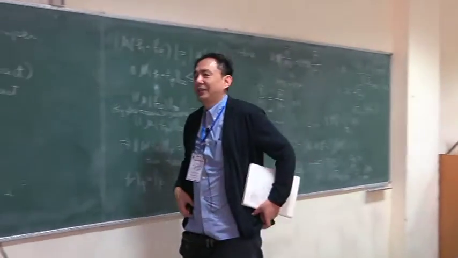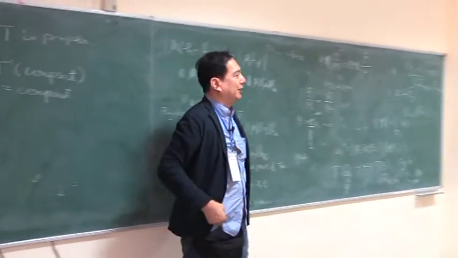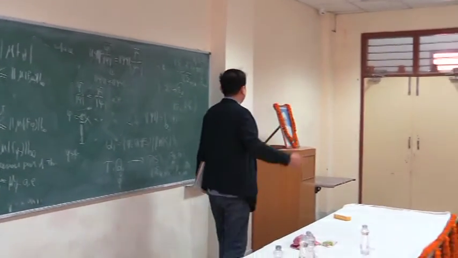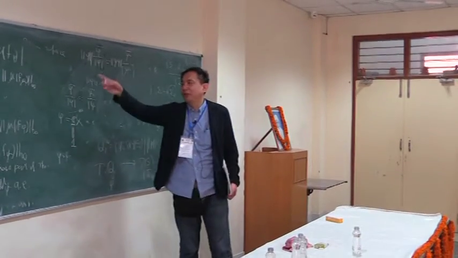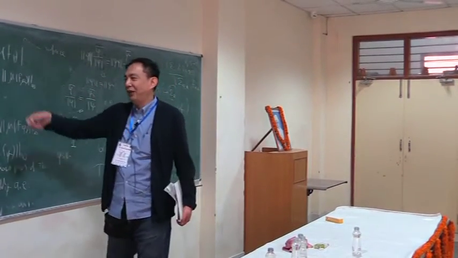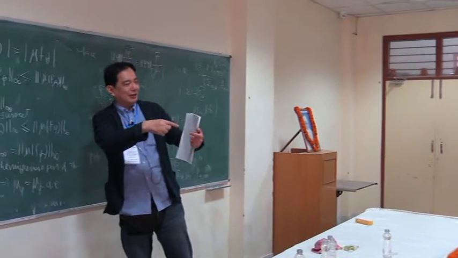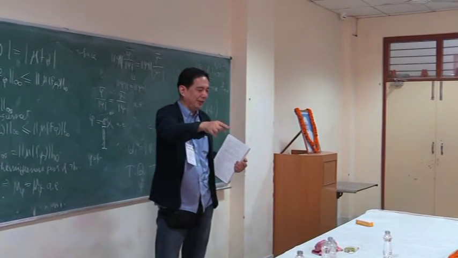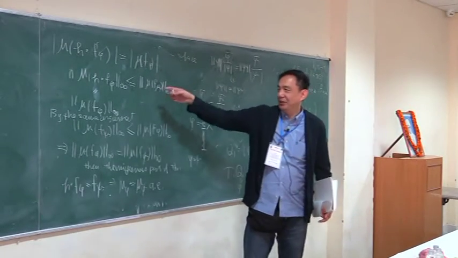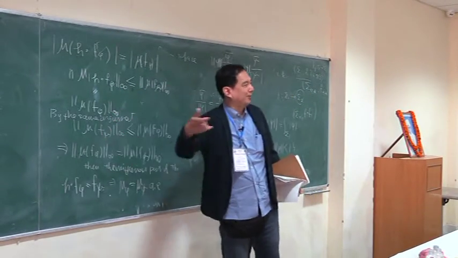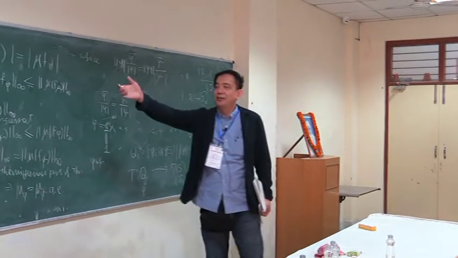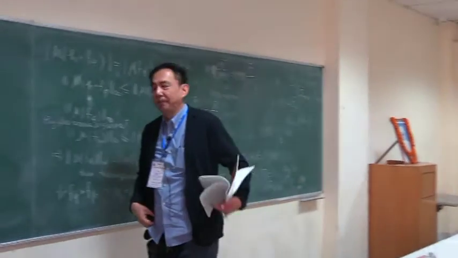It's not so complicated, but you need to use some argument because the definition of T is not so straightforward. You have to use the fact that if the point converges to something, then the image should converge to the image of that point. For that part, you need some kind of argument. But anyway, this is an exercise.